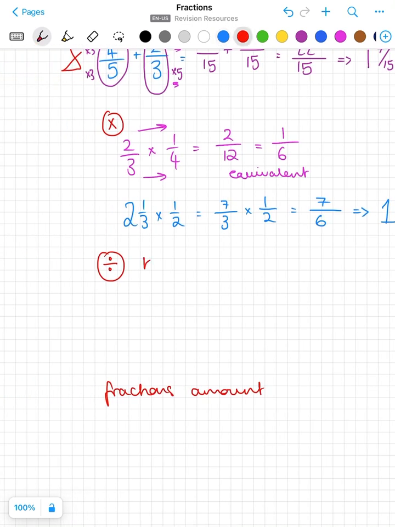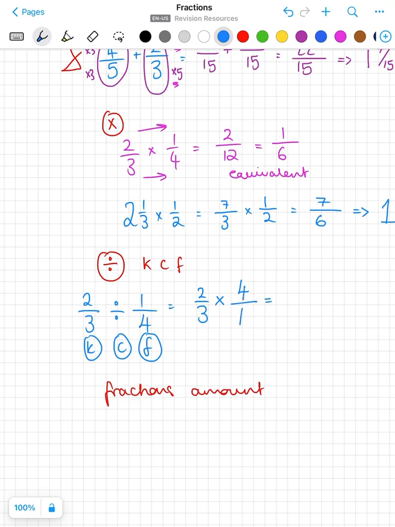Dividing with fractions, we use the keep, change, flip rule. So 2/3 divided by 1/4. We keep, we change, and we flip. So we keep 2/3, we change the divide into a multiply, and then we flip your second fraction upside down.